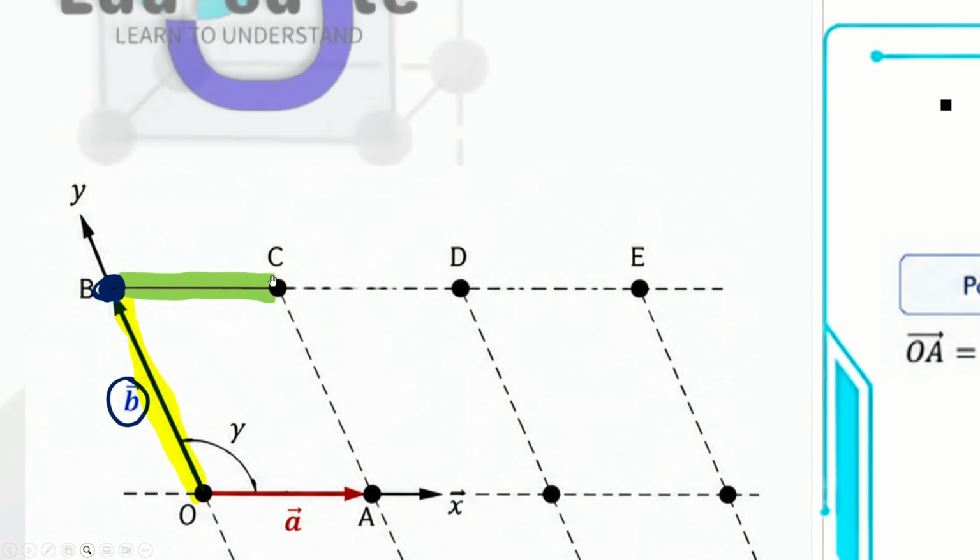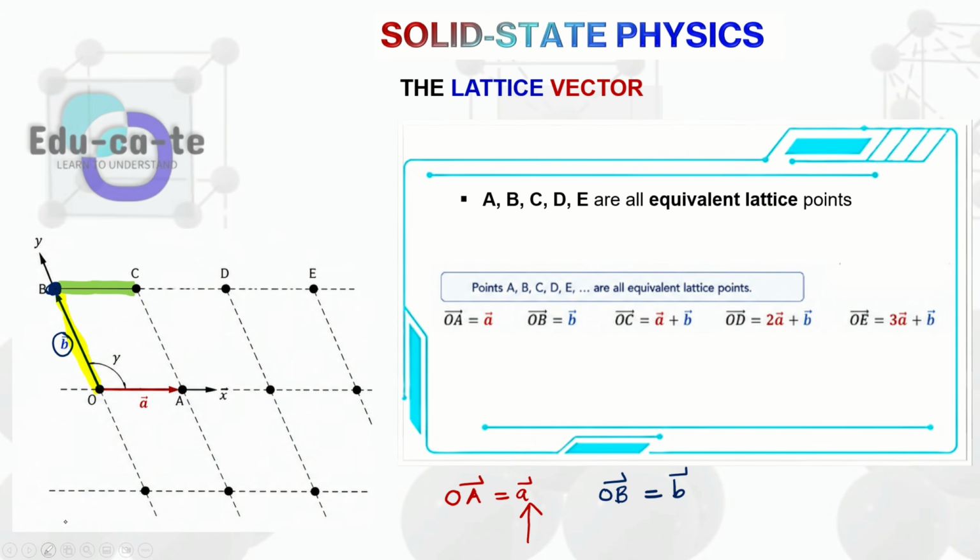How do I represent the lattice vector, or how do I represent my lattice movement? The first movement that I've highlighted with yellow is moving from point O to point B, and it is represented by this vector, small letter B, the one written in blue here. Then for me to move from point B to point C, I would have to move the same displacement as this A here, because if we look at the geometry of the shape, these two sides must be equal to one another.